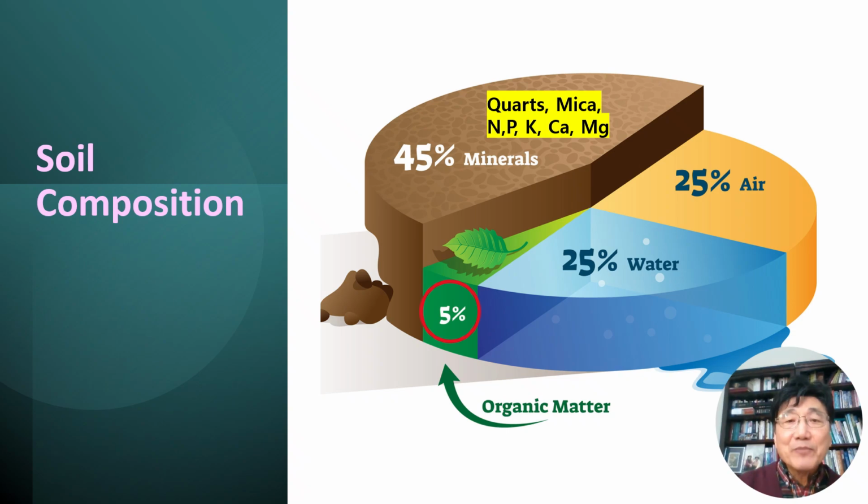Finally, 5% organic matter is contained. It includes living and dead plants and animals. Minerals contain mineral particles such as quartz and mica and inorganic nutrients, for example, nitrogen, phosphorus, potassium, calcium, and magnesium.